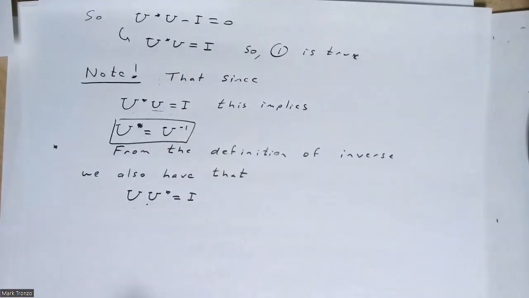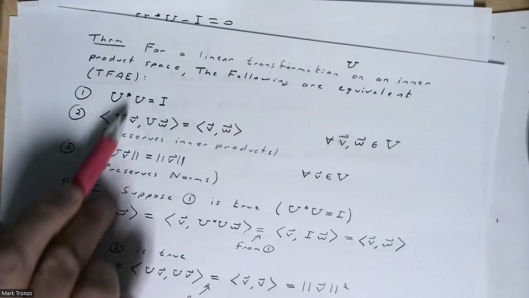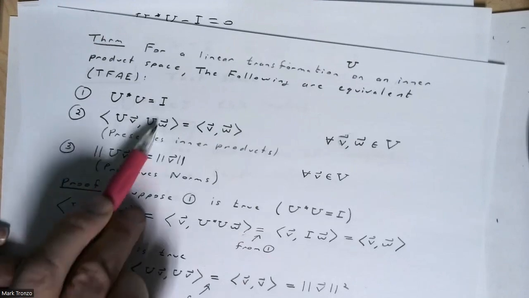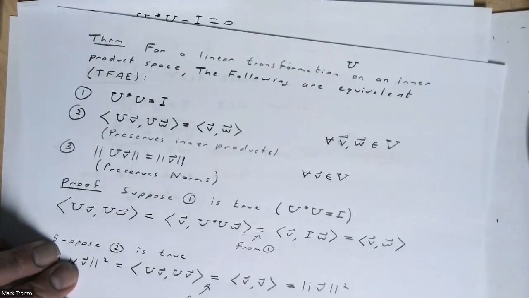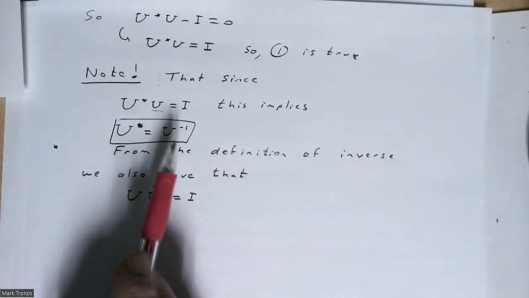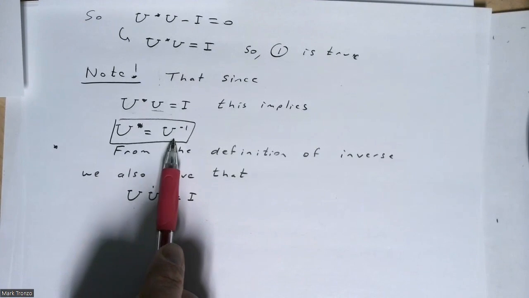And this will come up a lot in the future. If you have any of these to be true, the others are true, but also if any of these are true, then that's saying the adjoint of U is equal to its inverse.